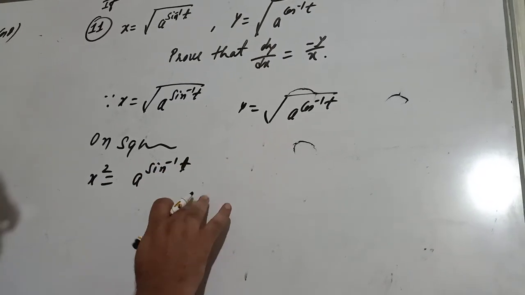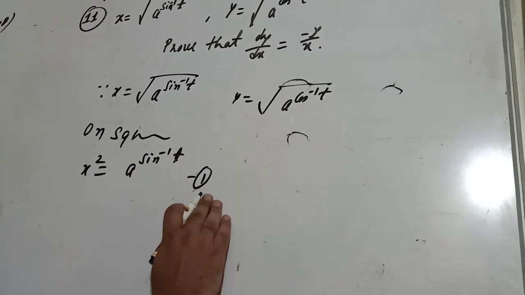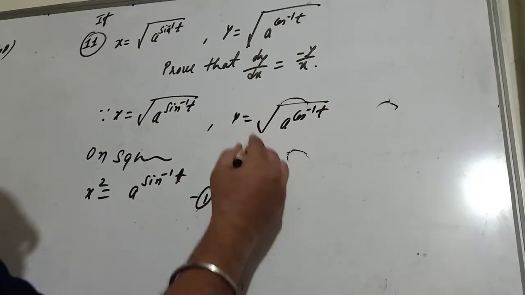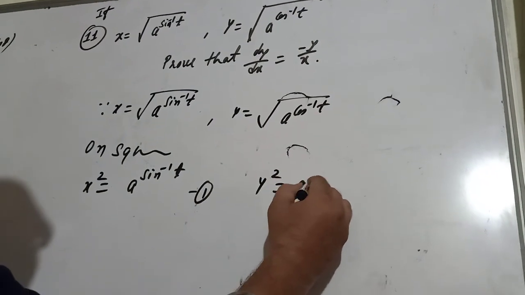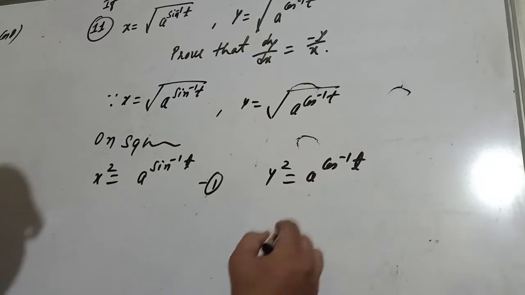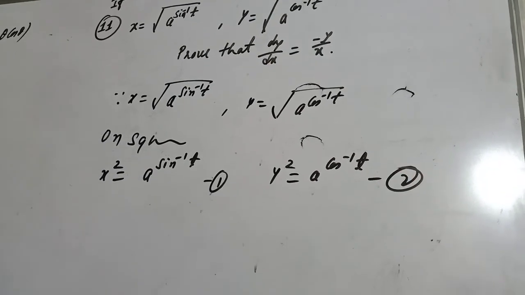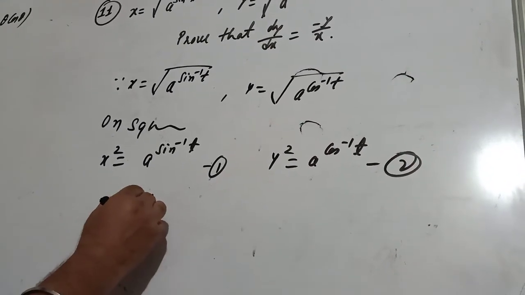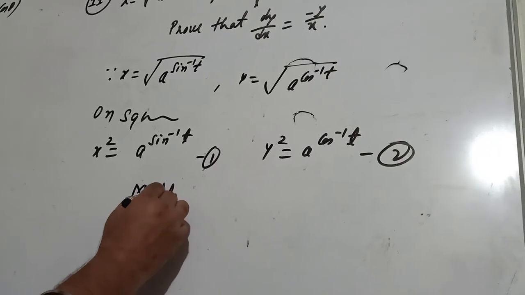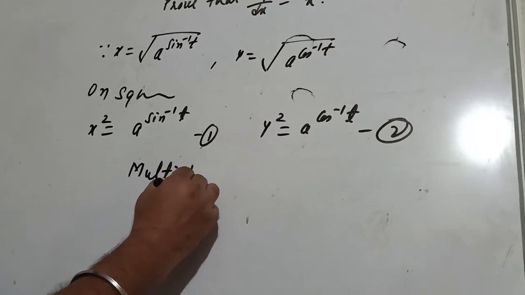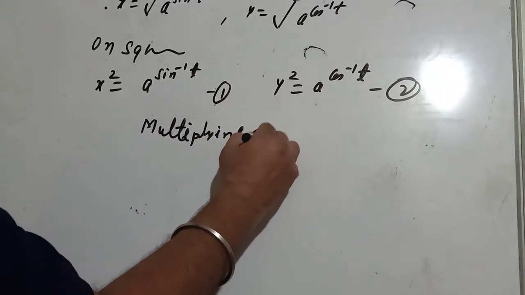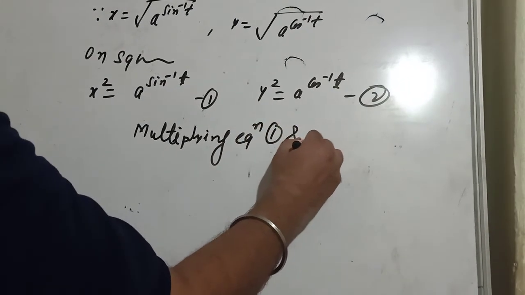Suppose this is equation number 1. If we square the other relation, y square equal to a to the power cos inverse t. This is equation number 2. Multiplying equations 1 and 2, what will be the result?